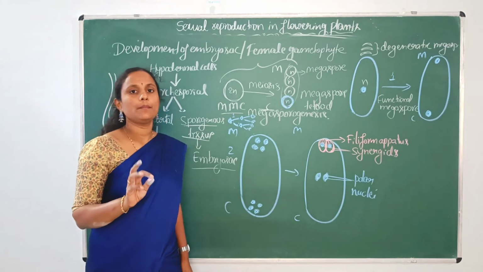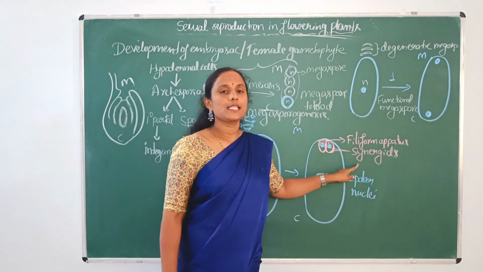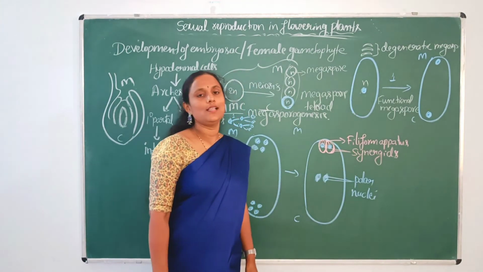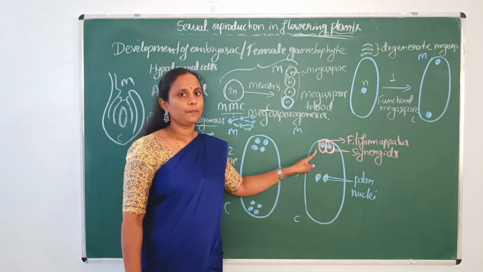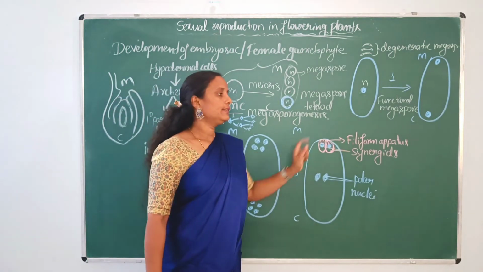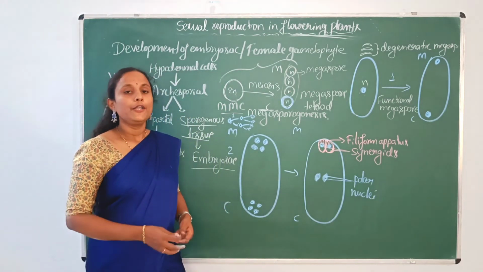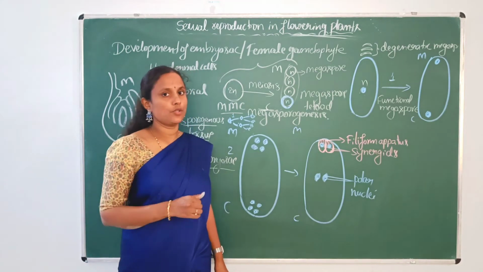Okay, and you should remember that presence of filiform apparatus is a very peculiar character of synergids. No other cells in plant have filiform apparatus except synergids. These filiform apparatus will play an important role during the entry of pollen tube into the embryo sac.